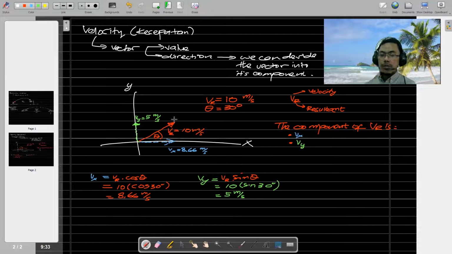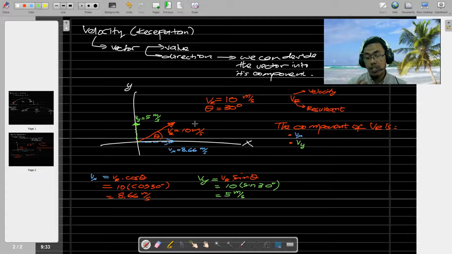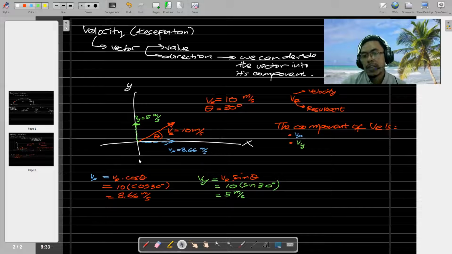Okay, so I will make a conclusion here. In the initial condition, we have VR as our resultant velocity, which is the value of VR is 10. But when we decompose the resultant velocity, we will have two kinds of component: the first one is the component in the x-axis, and the other one is the component in the y-axis.